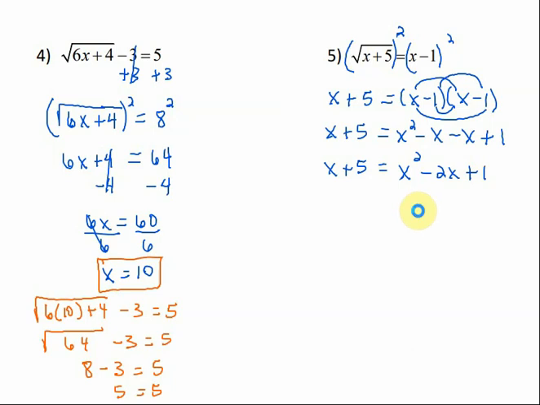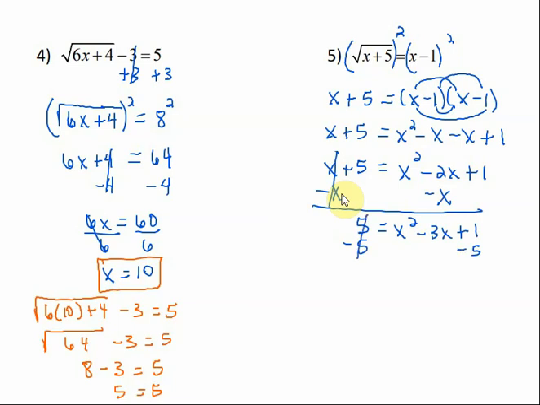So I'm going to move over the x, and I get 5 is equal to x squared minus 3x plus 1, and move the 5. All right, so that gives me 0 is equal to x squared minus 3x minus 4. All right, let's see if this will factor.